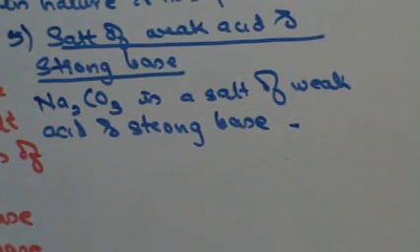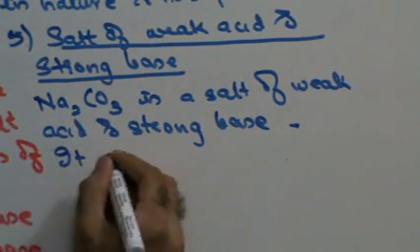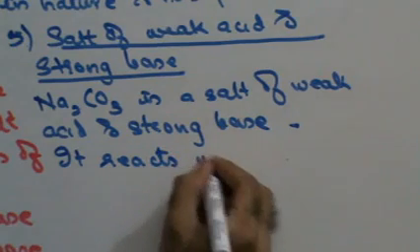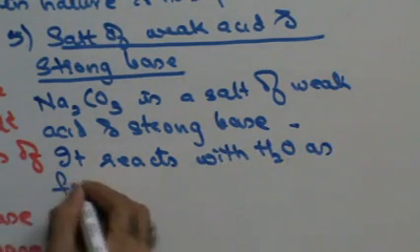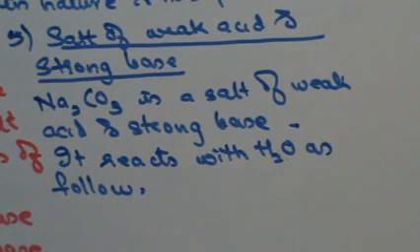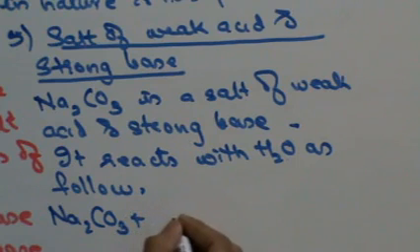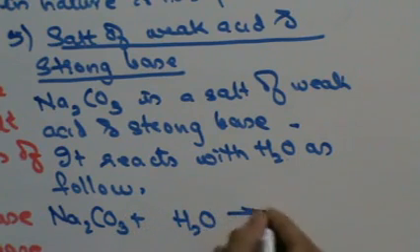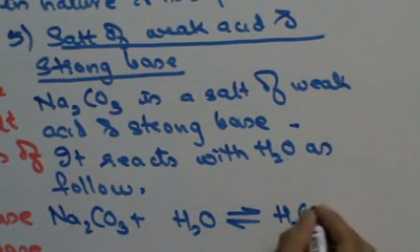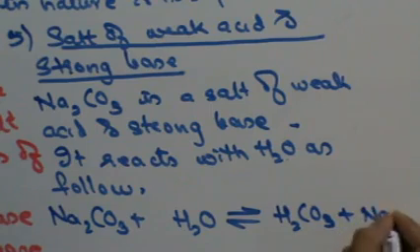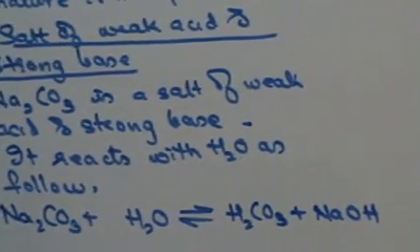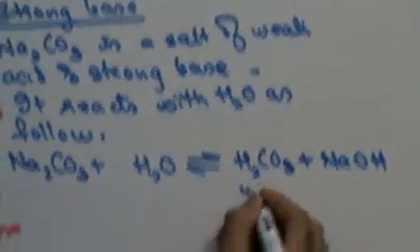It reacts with water as follows. Sodium carbonate, Na2CO3, reacts with water to give you carbonic acid H2CO3 plus sodium hydroxide. This is your weak acid.